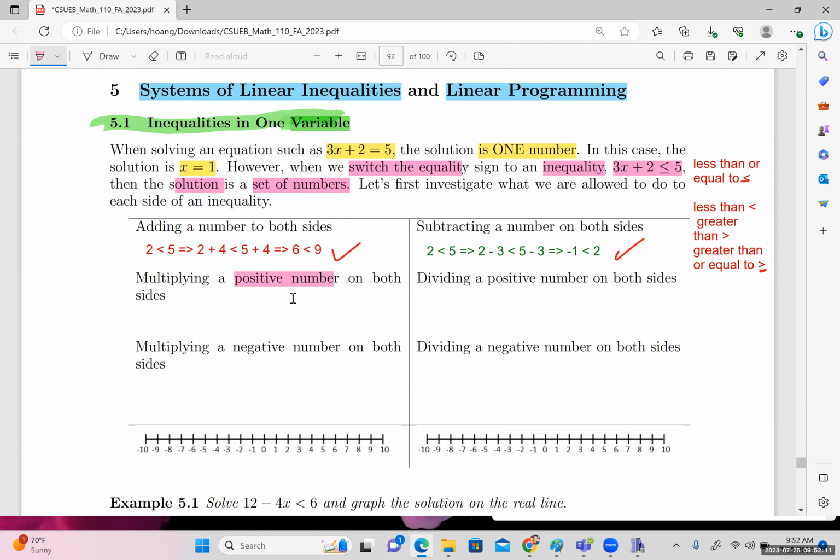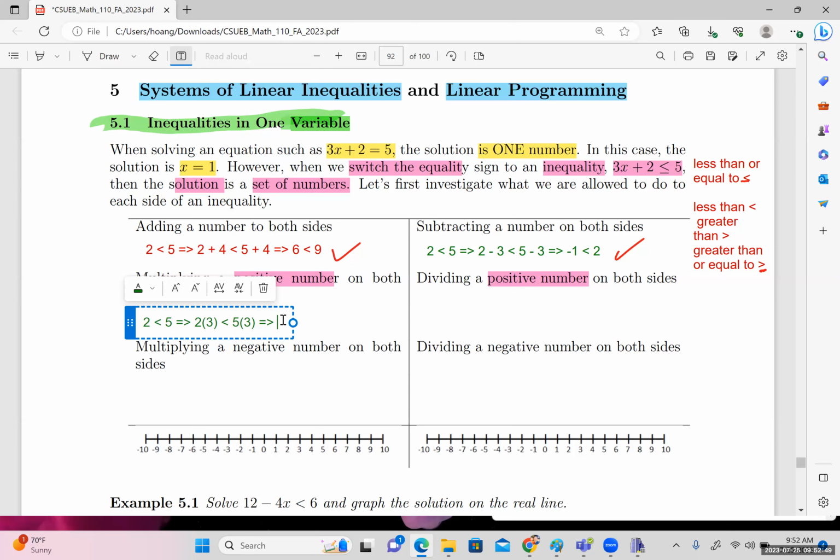Let's start with 2 less than 5 and multiply both sides by 3. 3 is greater than 0, so it is a positive number.